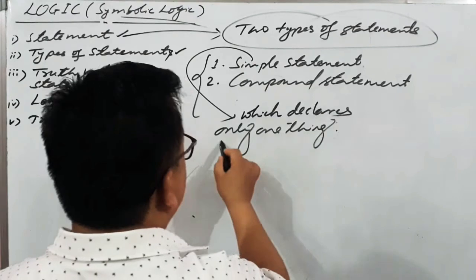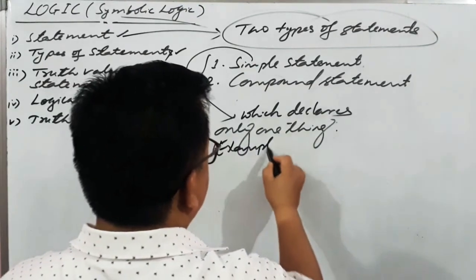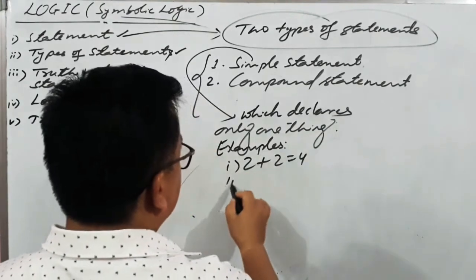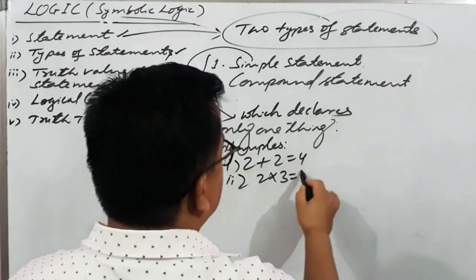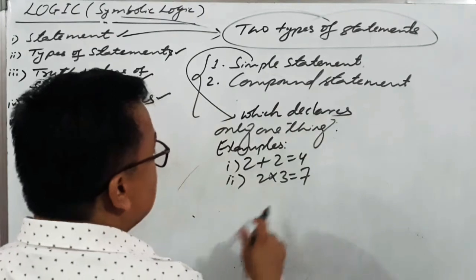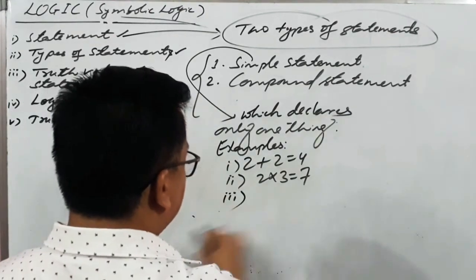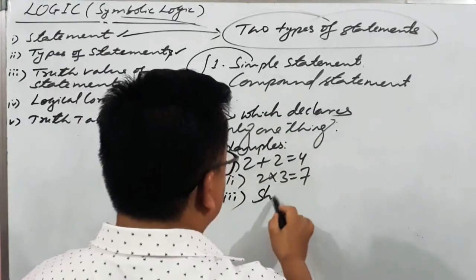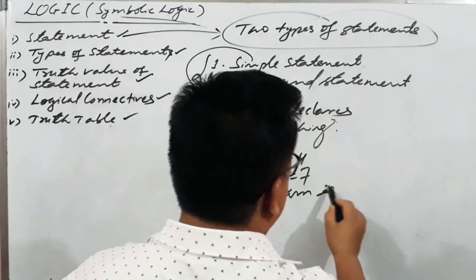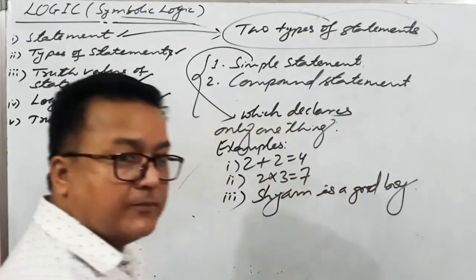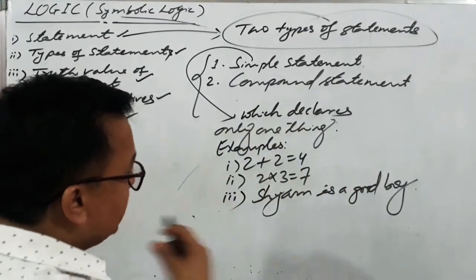Examples. 2 plus 2 equals 4. 2 times 3 equals 7. Although this is wrong, a false statement, it tells only one thing. Shyam is a good boy. Only one thing.